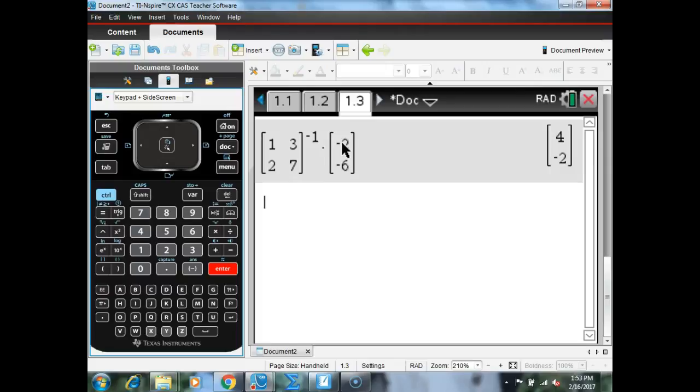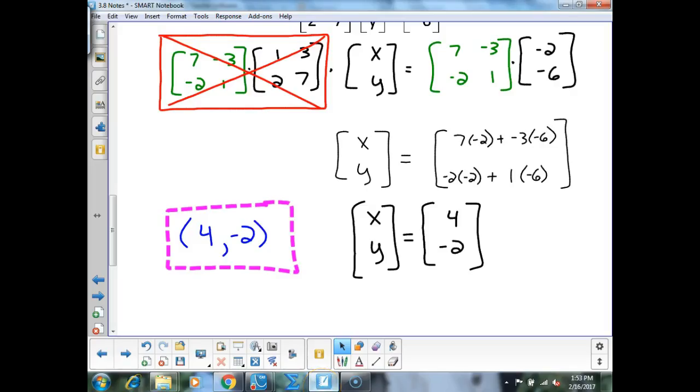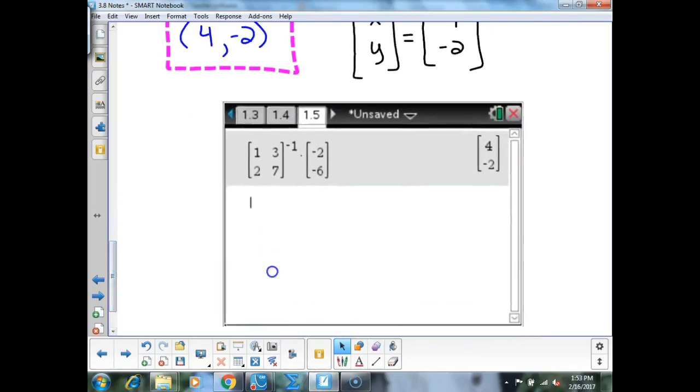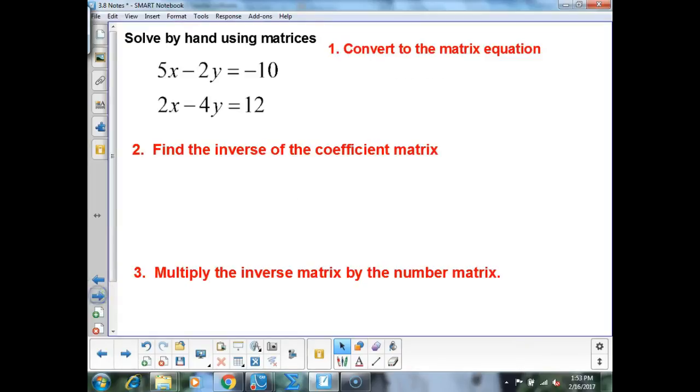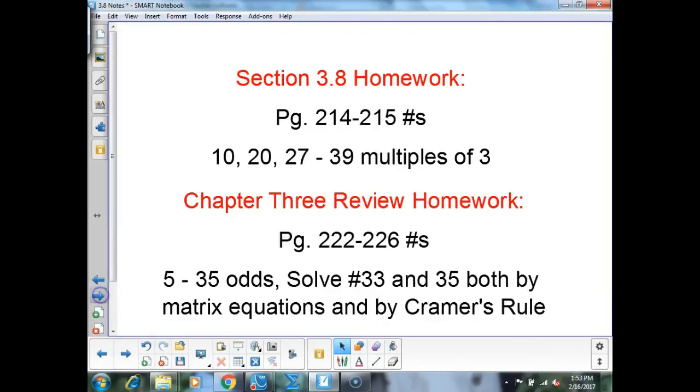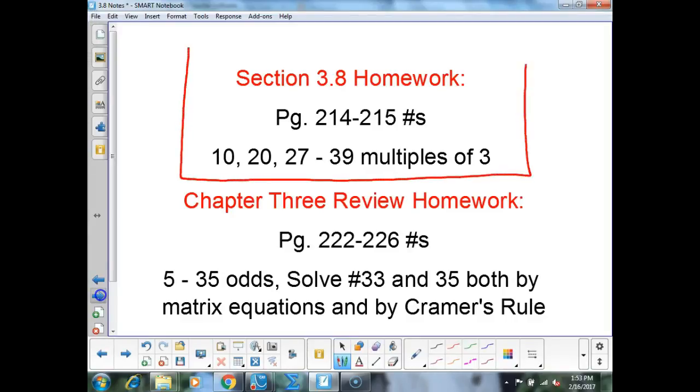Okay? All right? So, down here, what's that? Okay. There it is. This top one, you can do a few of the problems, but we'll get more practice tomorrow on this.